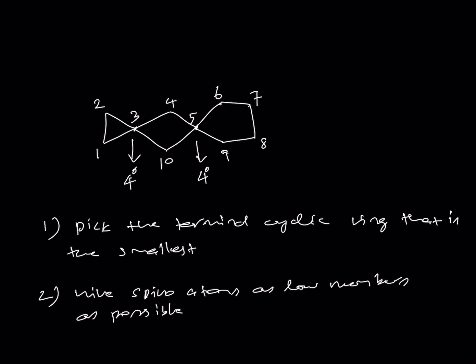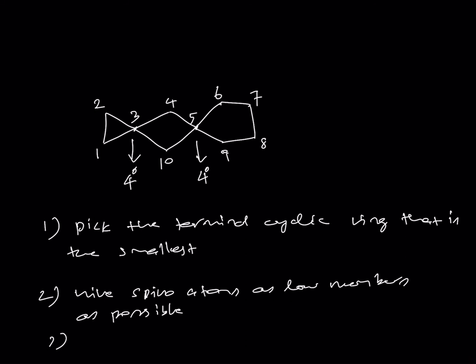And then the third point that you need to keep in mind is, in the monospiro case, we had a name where the prefix is spiro, and then xy, and then the parent chain.